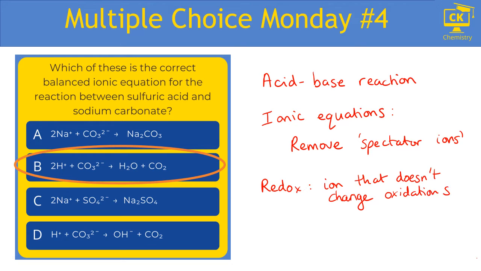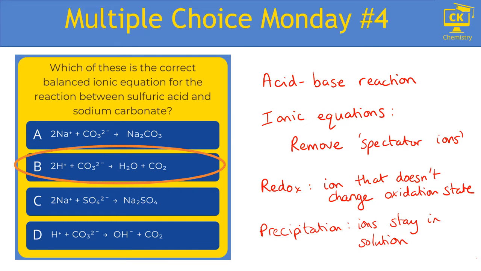You may not have done that yet. So for example, if something just stays -1 all the way through the compound, I won't include it in my ionic equation for redox. If I was doing a precipitation where you get a solid from mixing two solutions, then I don't include the ions that stay in solution, i.e.